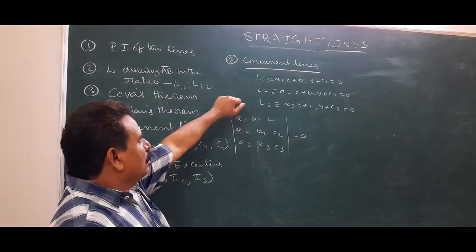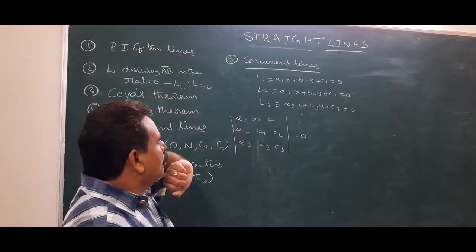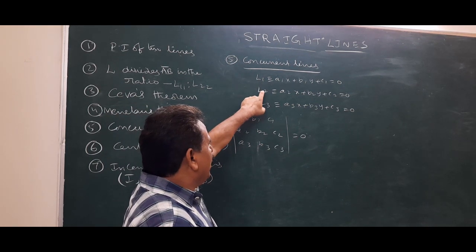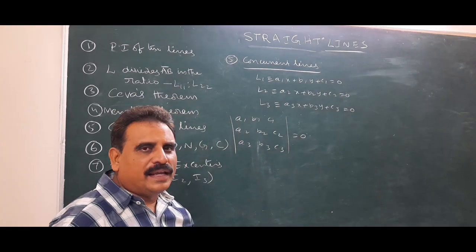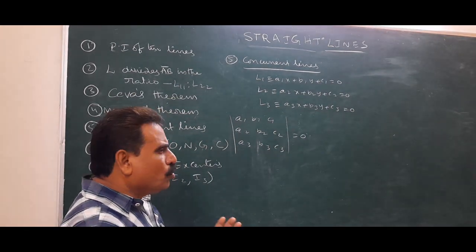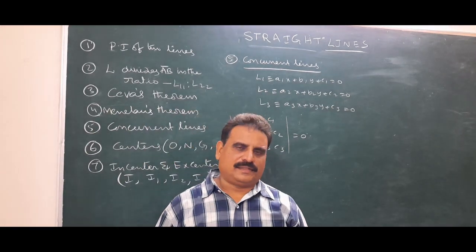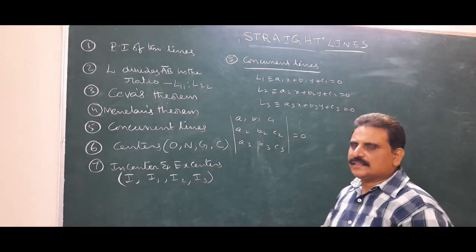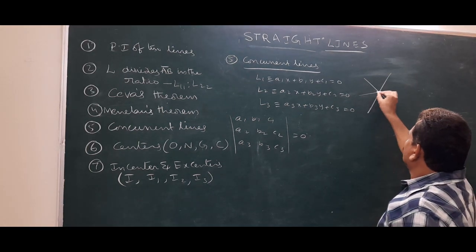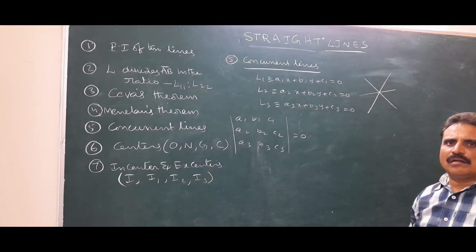Okay. Now we discuss the fifth point, concurrent lines. L1, L2, L3 are three lines. Before going to that, what are concurrent lines? If the lines cut in one point, these are called concurrent lines.